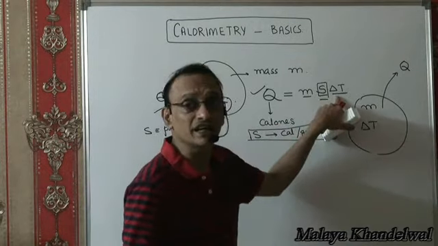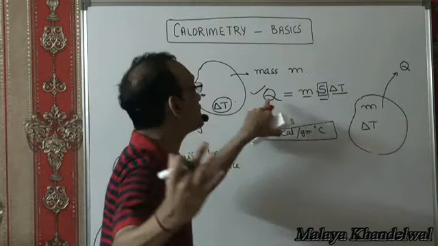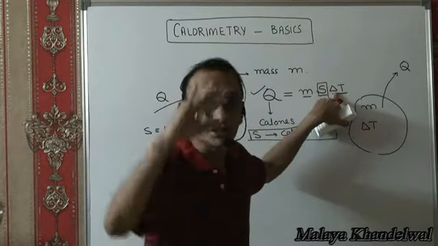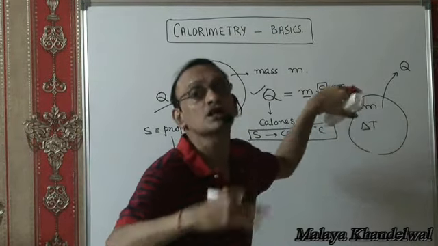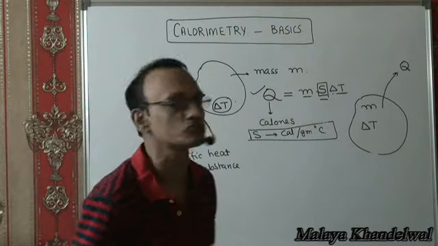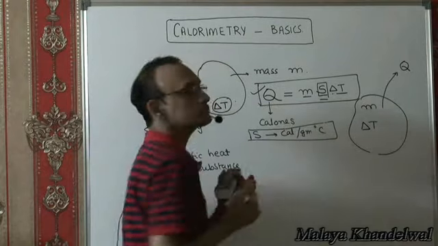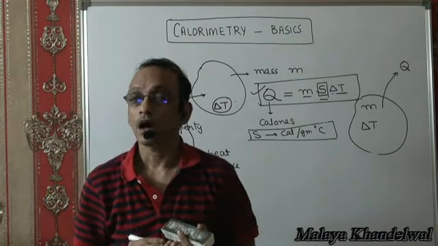If delta T is an increase in temperature, Q would be the heat absorbed. If delta T is the decrease in temperature of a substance, that's because it has rejected a certain amount of heat commensurate with this basic law.